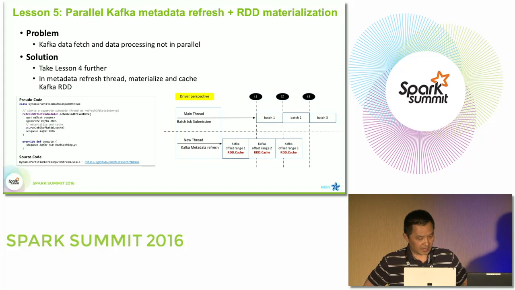So with this one, we took lesson 4 a step further, because in lesson 4, we already refresh the metadata in parallel, in a separate thread. So the thinking is, if after fetching the metadata, we further generate and materialize the RDD, we can also parallelize Kafka data fetch as well.